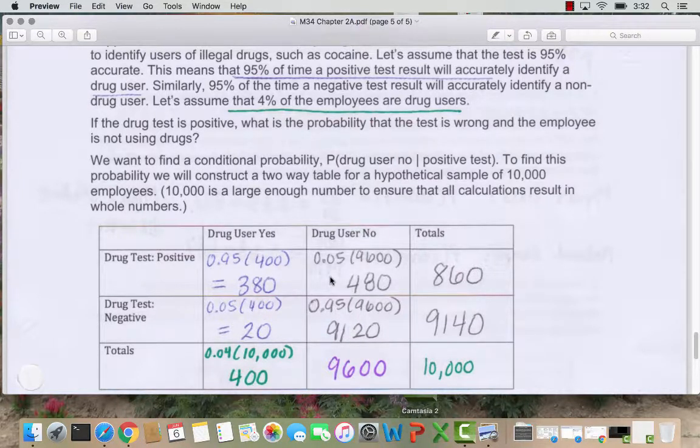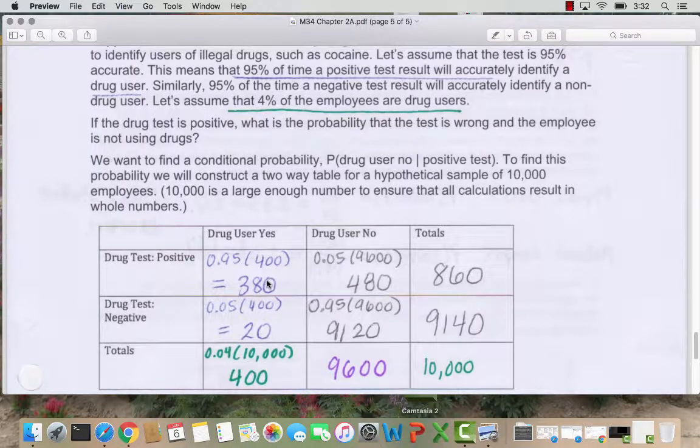And then for a positive result, that's a wrong result or an incorrect result, we will calculate 5%, 0.05 times 9,600. Make sure when you're multiplying with percents, you always translate them to decimal first before multiplying. And we get 480. You could have also found this result by saying 9,600, subtract 9,120, and that equals the 480. So then we tally up our rows and our columns.